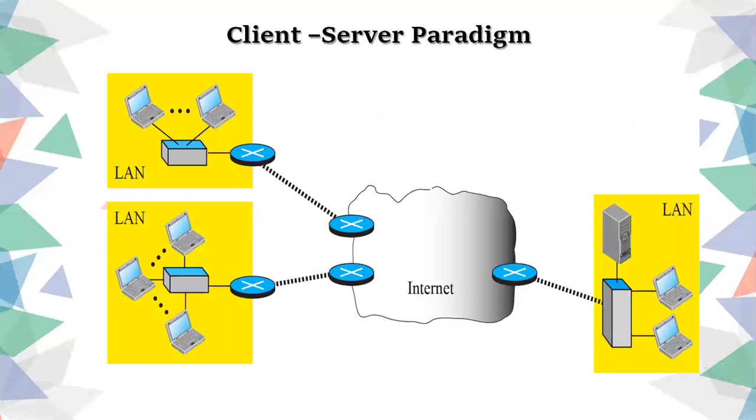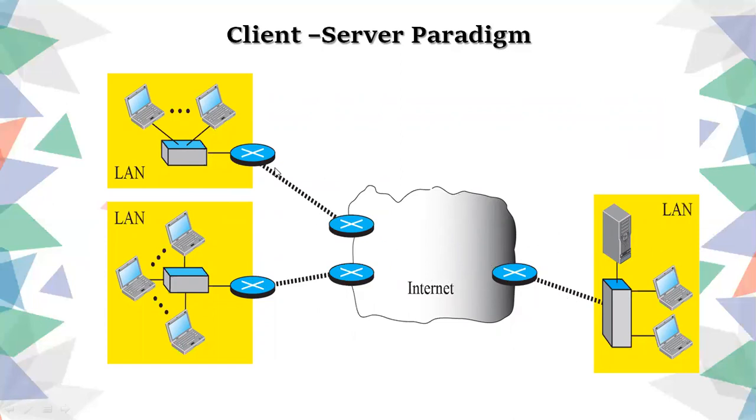It starts with the client-server paradigm, and if you check, we have two local area networks. If a particular user needs to connect to that server, we need to switch over from one network to another network, and that may be an ISP or some other network, and from that network we move on to the server.